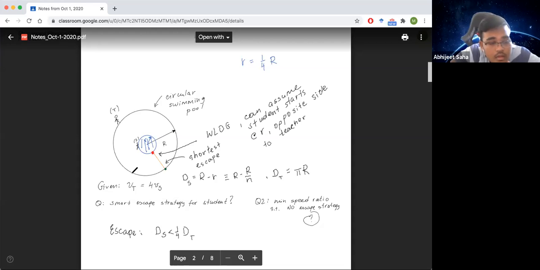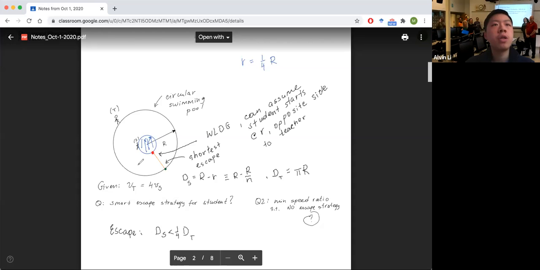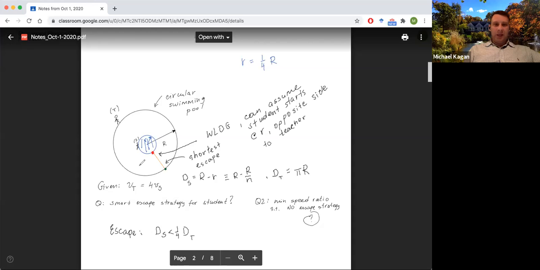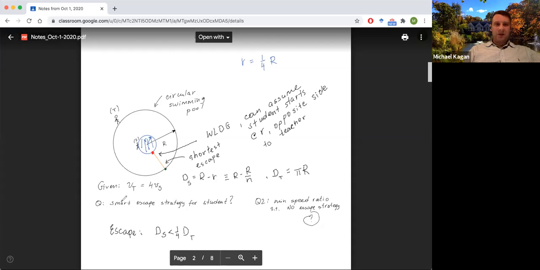Oh, okay. Yeah. But how do we know that that straight line is the optimal path? We don't, but this is the nice part about part 1. You don't have to. So if you present a strategy that works, you're good, right? So the question is, is there a strategy to escape?